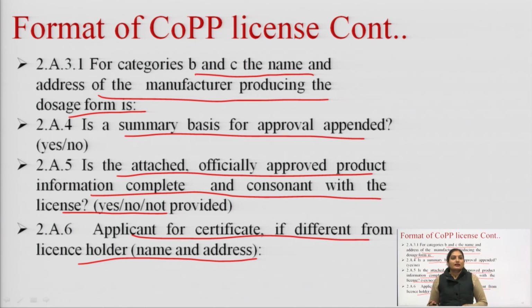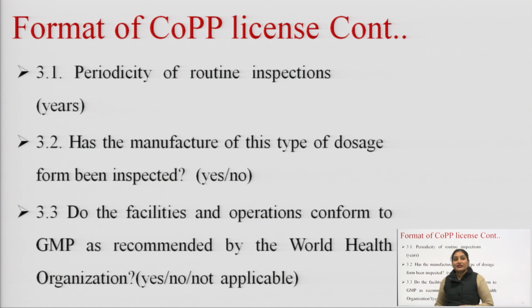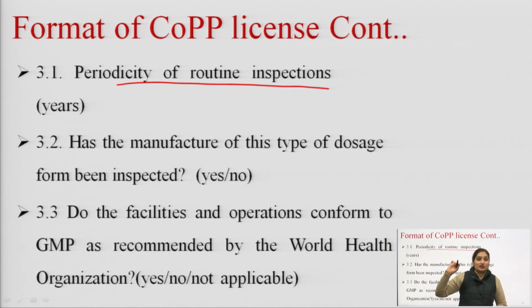Next is the applicant for certificate if different from the license holder. The name and address of the applicant for the certificate, if different from the license holder, should be specified. Next is 3.1, related to the periodicity of routine inspections.